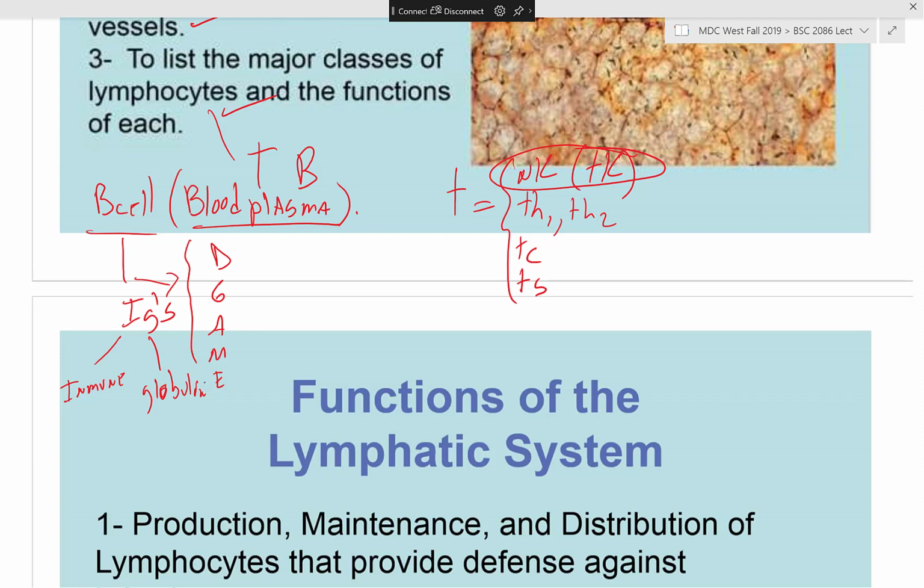So for the D, you have IgD. For the G, you have IgG. For the A, you have IgA, and you get the cycle. So all you do is you put Ig, and then you put the letter. So the mnemonic is, again, D game. So there are two types of major lymphocytes, and those are T cells and B cells.